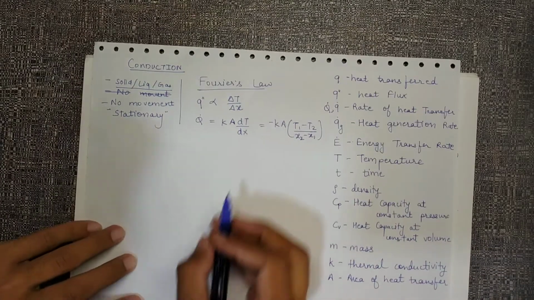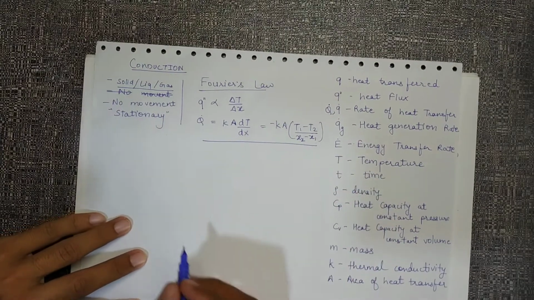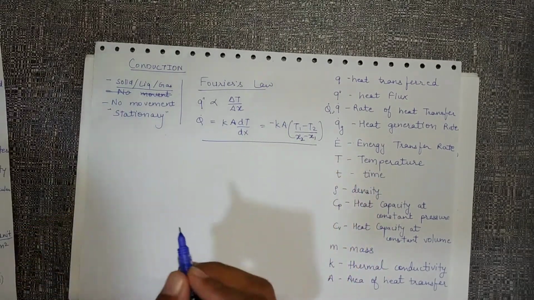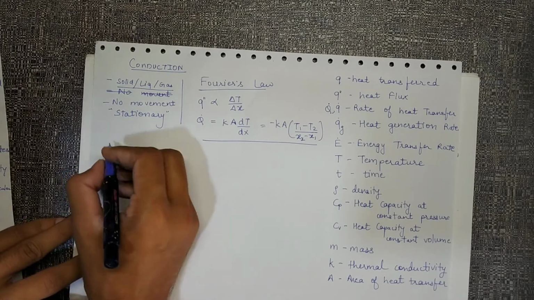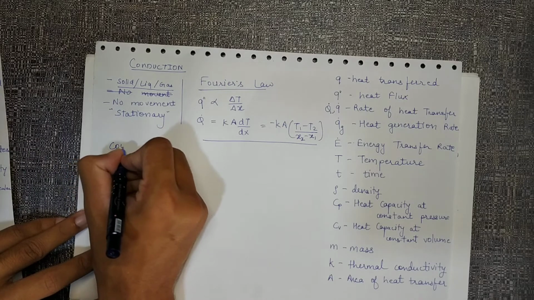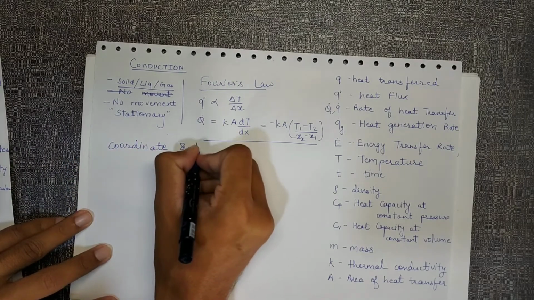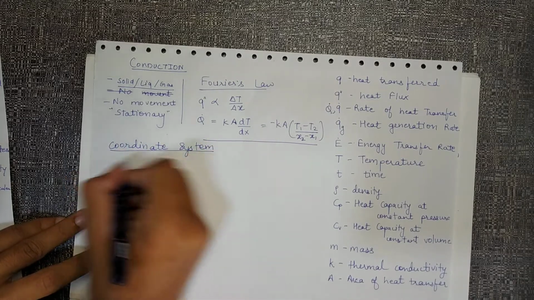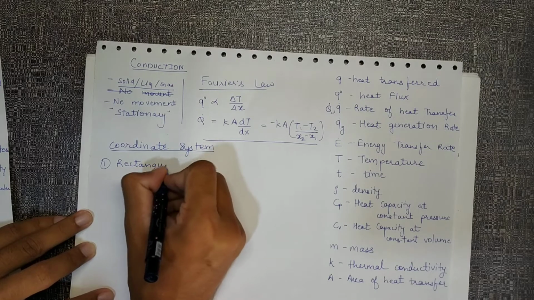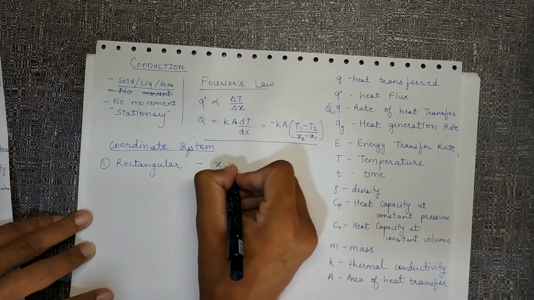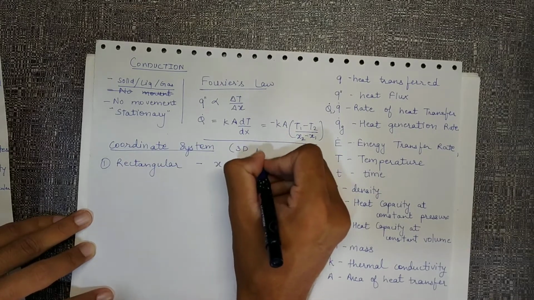Now we'll focus on this part which has the x coordinate. This is written as per the rectangular coordinates. There are three coordinate systems which we already know. First, the rectangular coordinate system, in which we have x, y and z for a three-dimensional point.